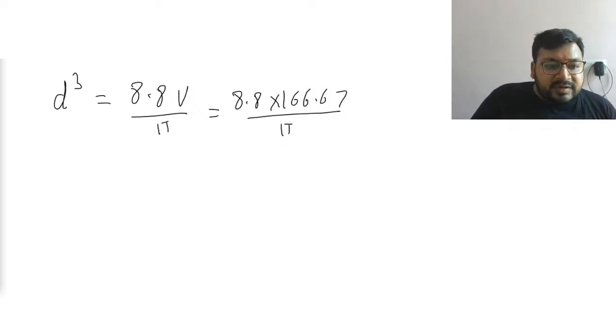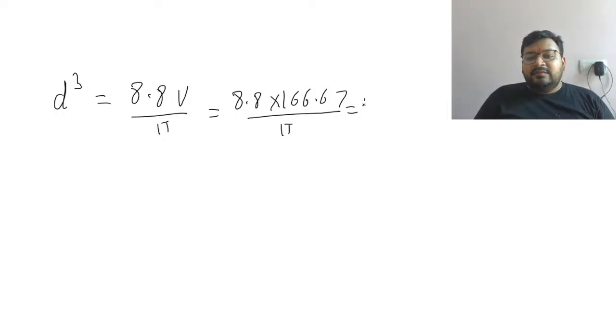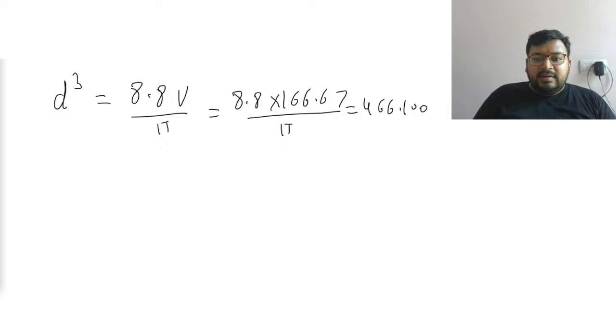We get 466.100. That is d cube. We now can calculate 466.100 to the power 1 by 3, that is 7.753.